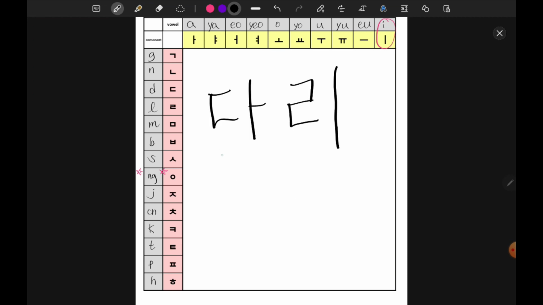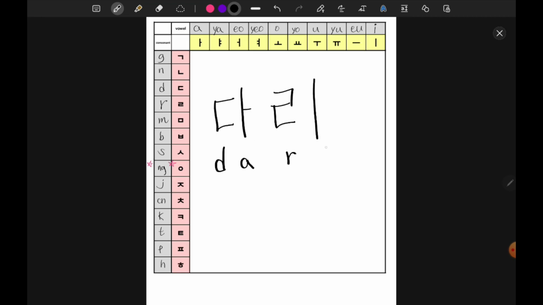드, 아, 다, 다. 르, 이, 리, 다리, 다리. It has two meanings in Korean. The first one is leg, for the body. The second one is bridge. Interesting, right?